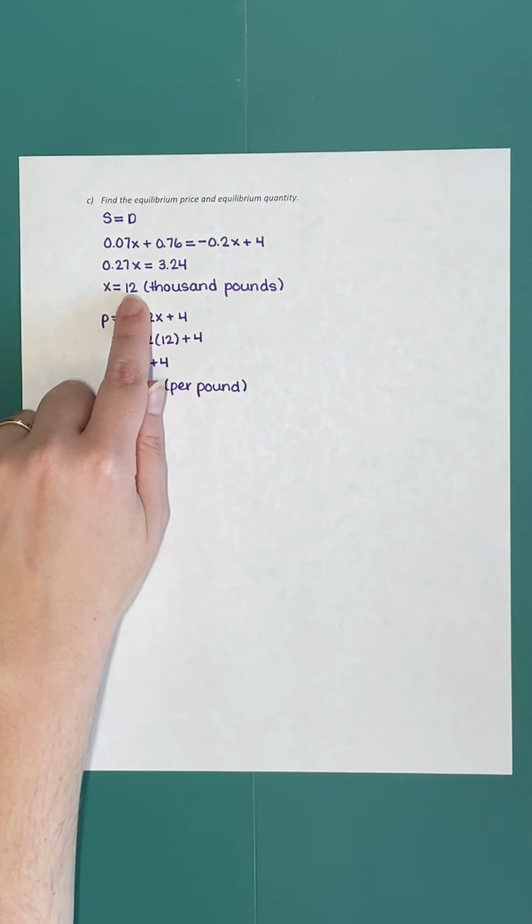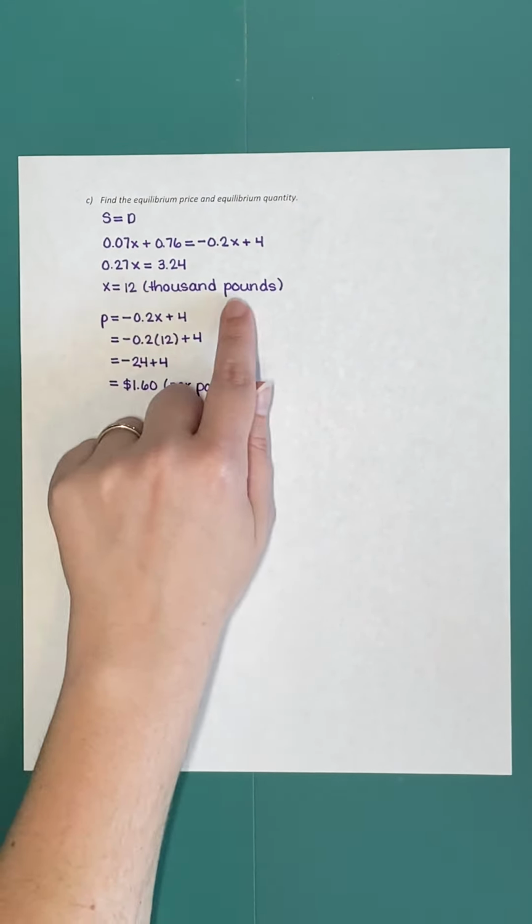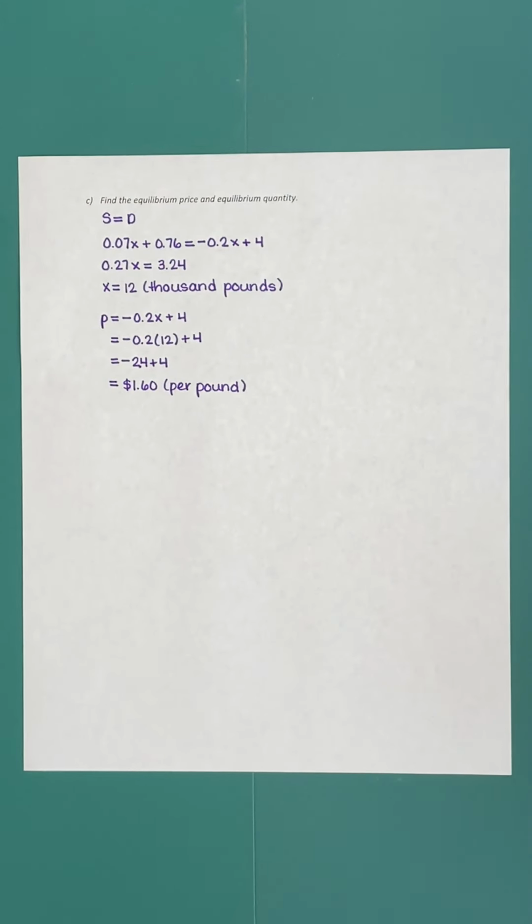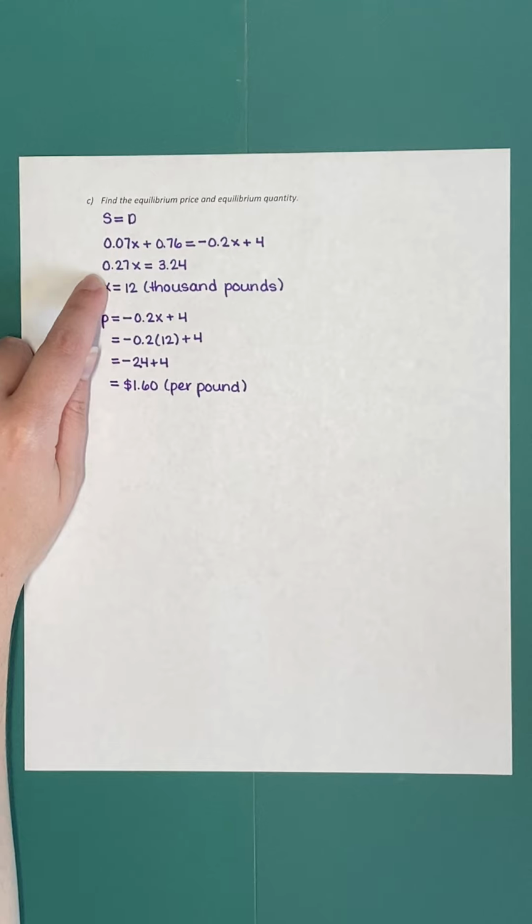So if x is equal to 12, that means 12,000 pounds. That is going to be the equilibrium quantity. That will be the amount that goes onto the market where everything supplied is also demanded. Ideally, everything put onto the market will also be purchased. There won't be any surplus in either direction. So that is going to be our equilibrium quantity.